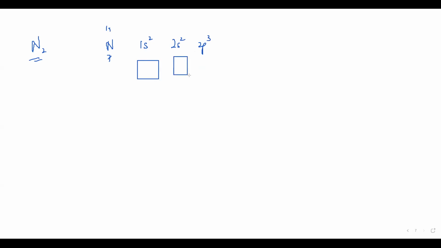Electron in a box model: there will be two electrons here, two electrons in opposite spin, and singly they will occupy 2px, 2py, 2pz. So we have two nitrogen atoms.